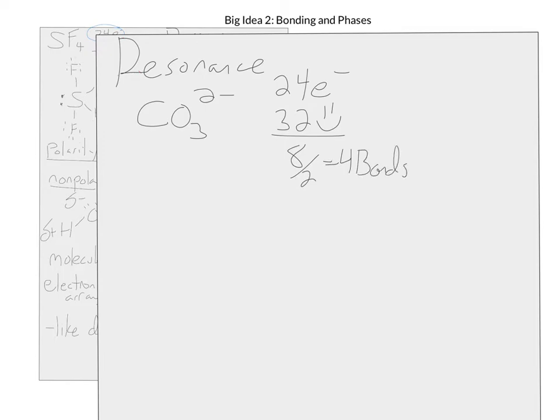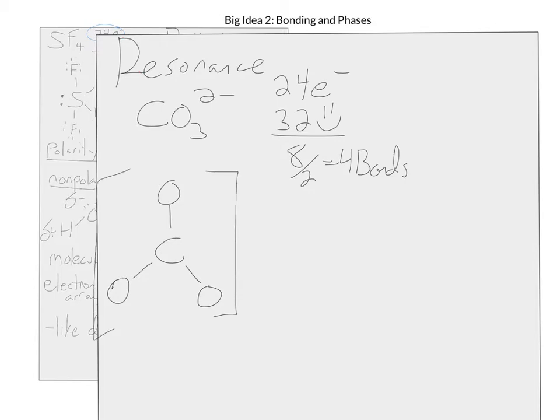Now 4 bonds between 3 atoms tells us we have resonance. That carbon is going to be connected to those 3 oxygens, but then after we get those 3 oxygens in, we have a 4th bond that we need to put in. So where does it go? Well, it goes actually on all 3 of them.